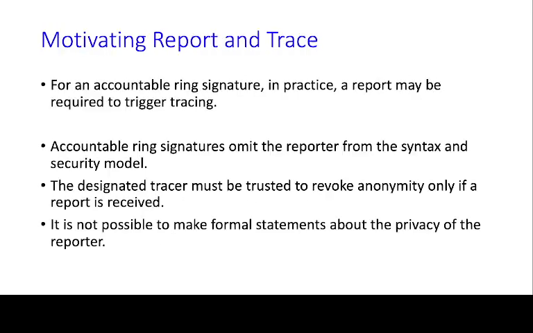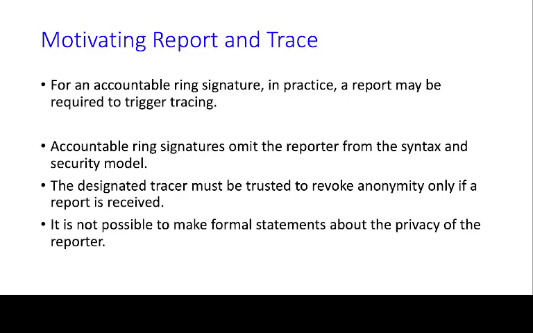Now, we noted that often in practice, before the designated tracer reveals the identity of a signer, a user will report a malicious message to the tracer. However, the role of the reporter is omitted from the syntax and security model of accountable ring signatures.